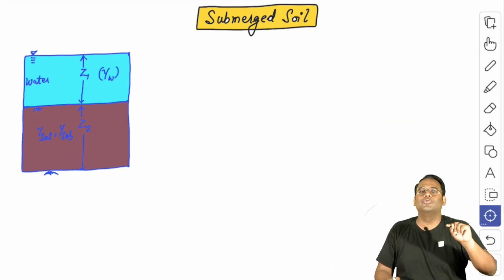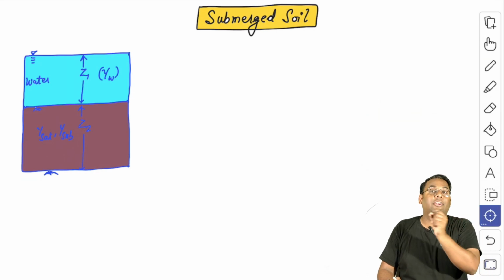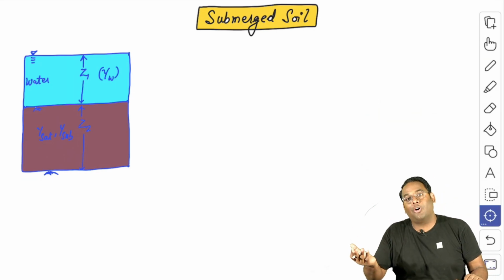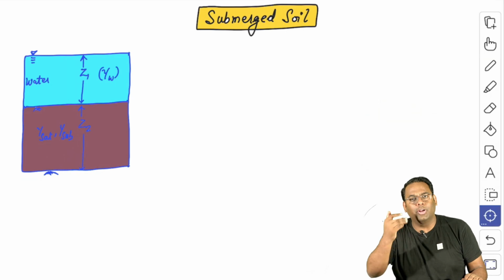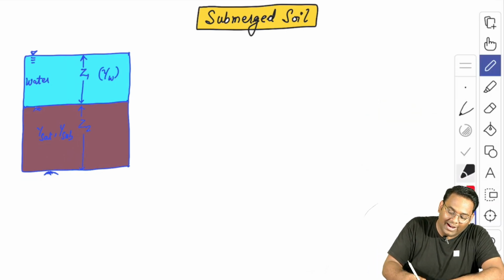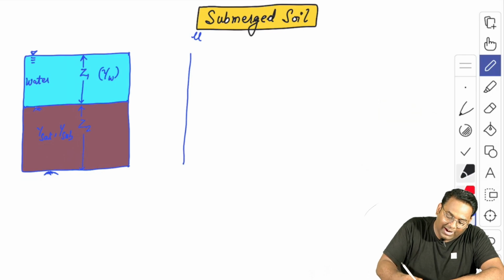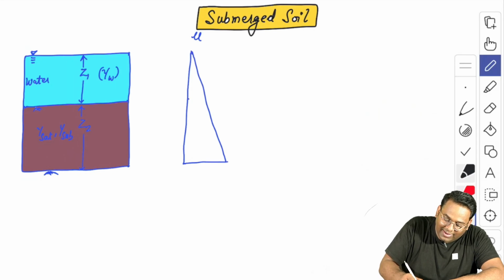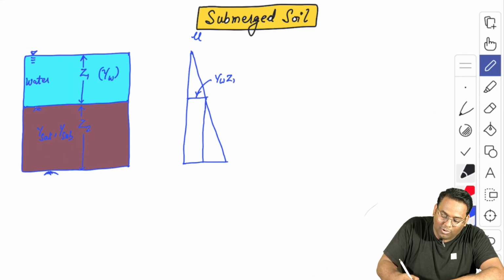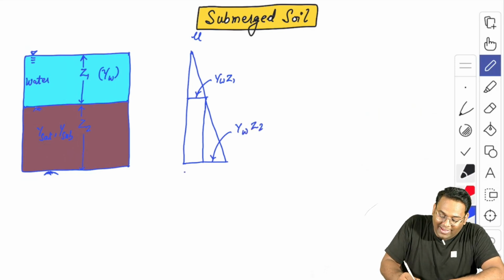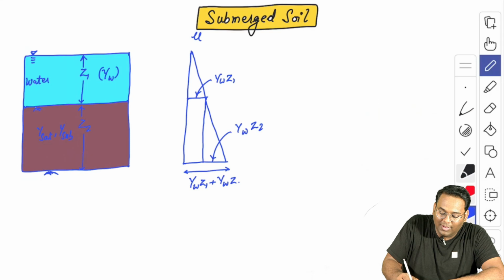In both zones, you know that the water pressure increases with the rate of gamma W. Even in fluid mechanics, you saw that as you move down, the water pressure increases with rho g h, that is gamma W into H. So the pore water pressure will increase with the same rate, gamma W, for both layers. At depth Z1, the water pressure will be gamma W into Z1, and at a further depth of Z2 it will increase by gamma W into Z2, and hence the bottom pore water pressure will be gamma W Z1 plus gamma W into Z2.